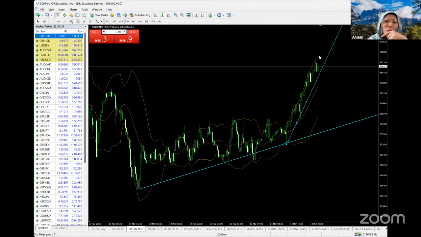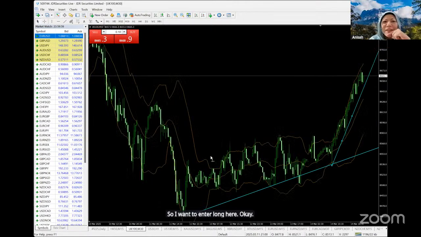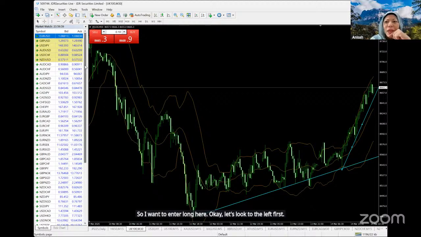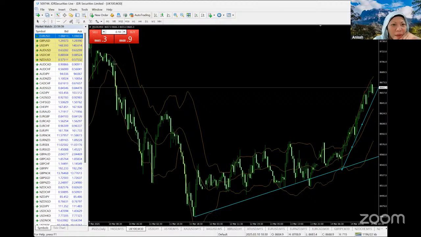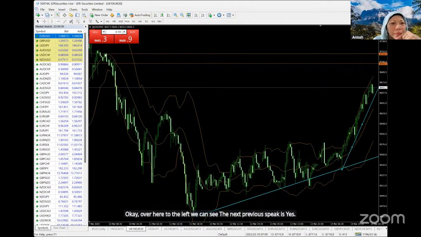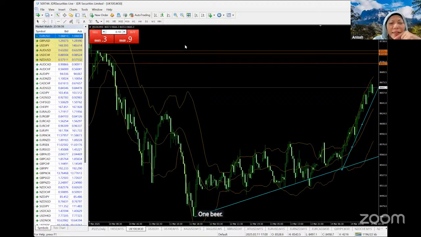So do I want to enter long here? Let's look to the left first. Over here to the left, we can see the next previous peaks are this, and this, and this.